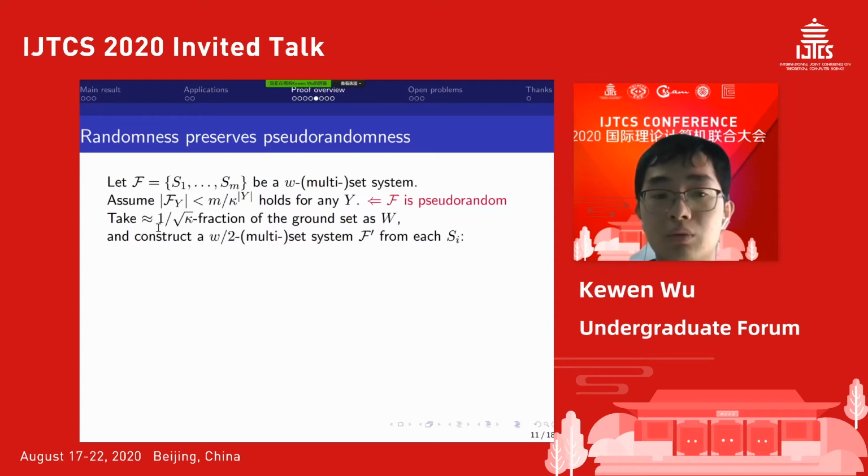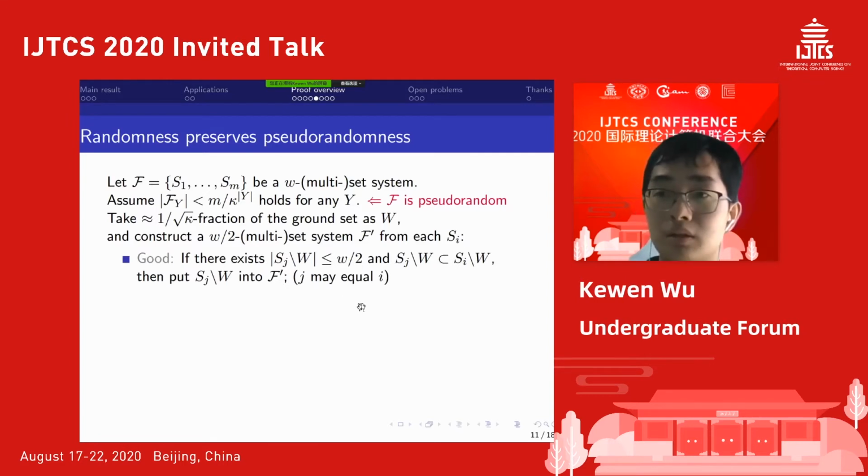Let's take roughly a 1 over square root kappa fraction of the ground set as W. This W is a random set of the ground set. And we will construct another set system F prime, which is a W divided by 2 multi-set system, from each set Si. So we have a reduction step. The width of the set system goes to a half.